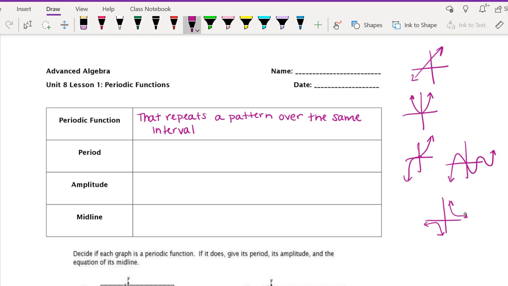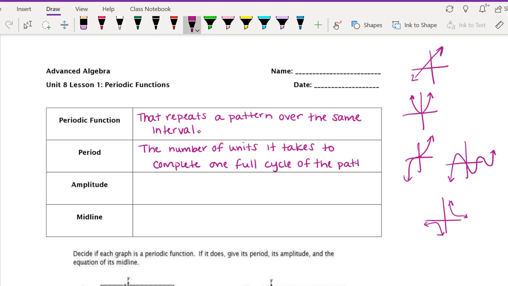Okay, and the period is the time or the number of units it takes to complete one full cycle of the pattern.